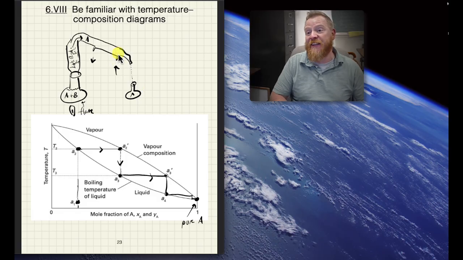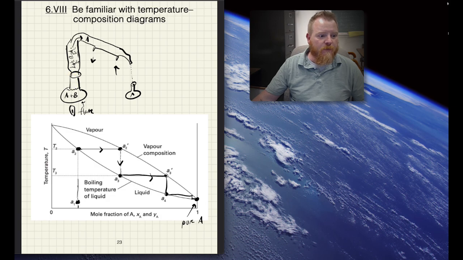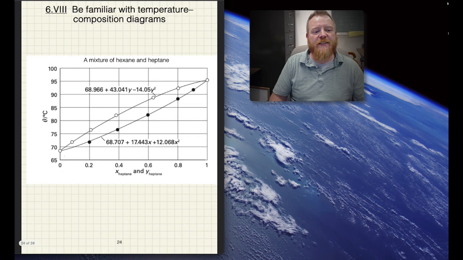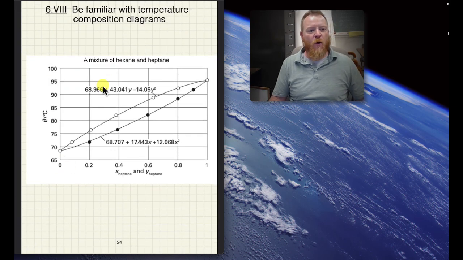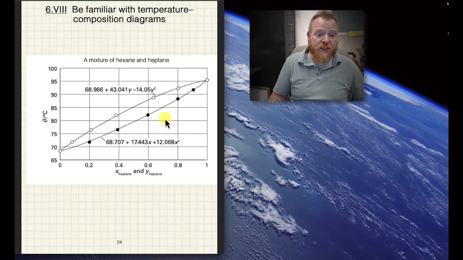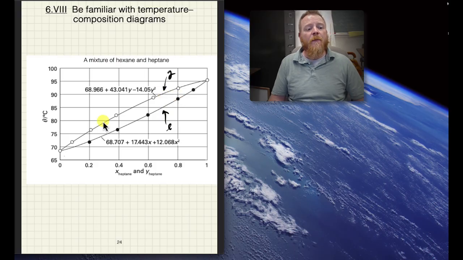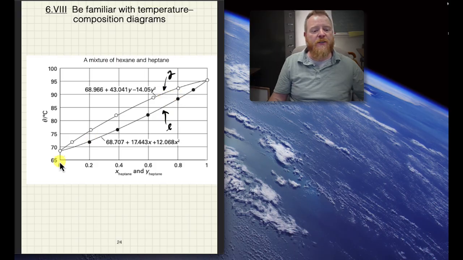So if we look at a realistic diagram here, this is a mixture of hexane and heptane. And again, this is still a temperature composition diagram where the liquid composition is on the bottom and the vapor composition is on the top. But now we can see the curve is flipped because the hexane in this case, so that's mole fraction of heptane, right?